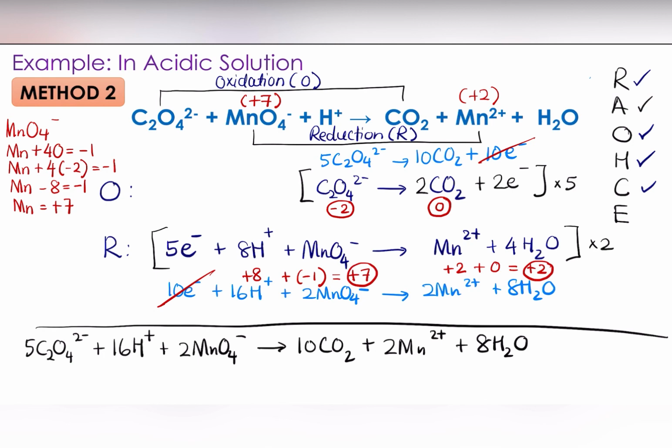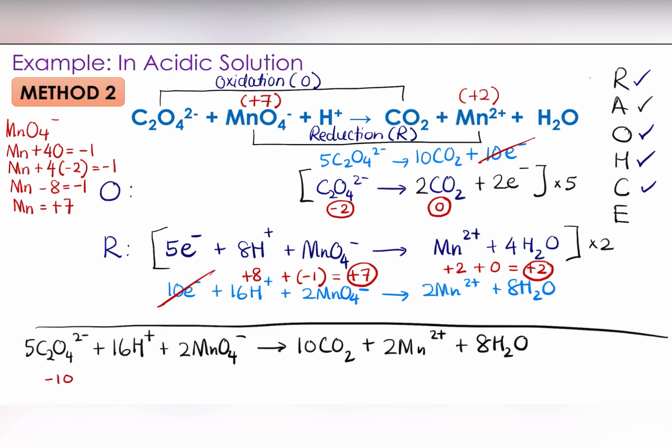Basically, we will check the total charge on the left and right side, the reactant and product side, whether they are the same or not. So how to check that? Okay, we go one by one. Each species, for this one, 5C2O4 2 minus, it means negative 2 times 5, so I have negative 10.